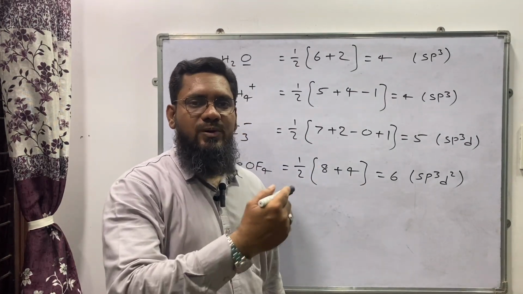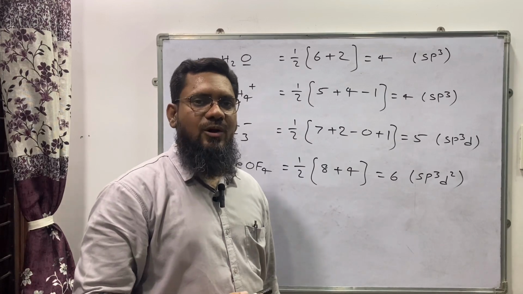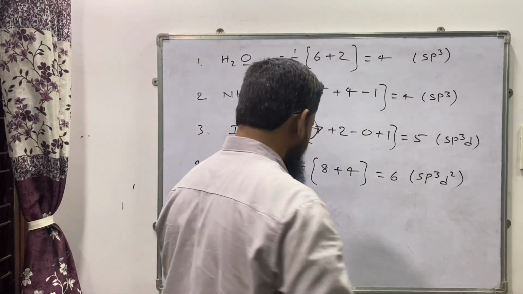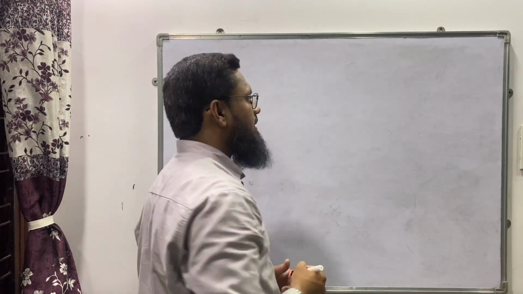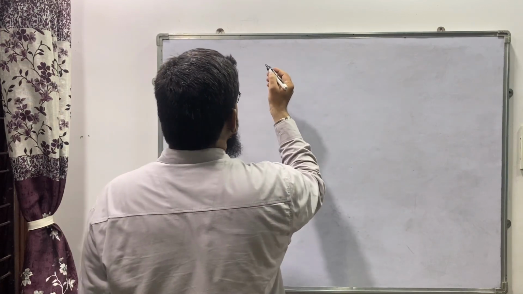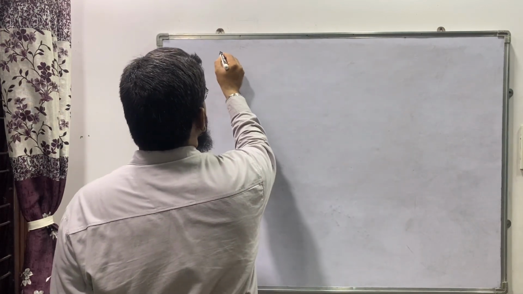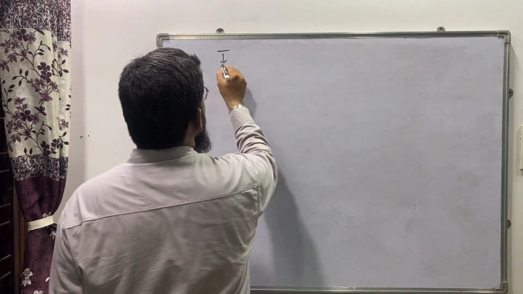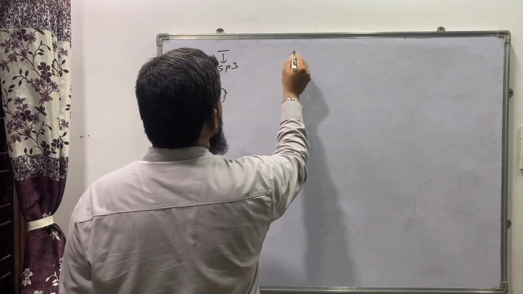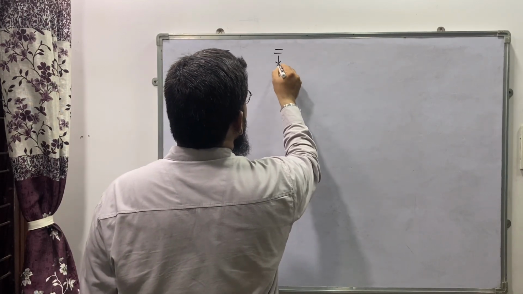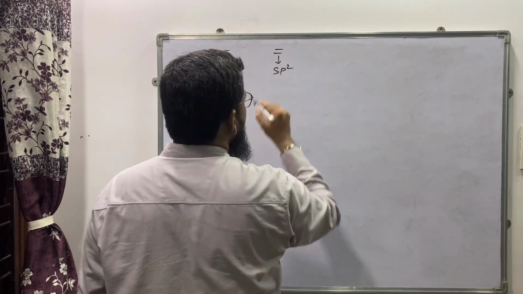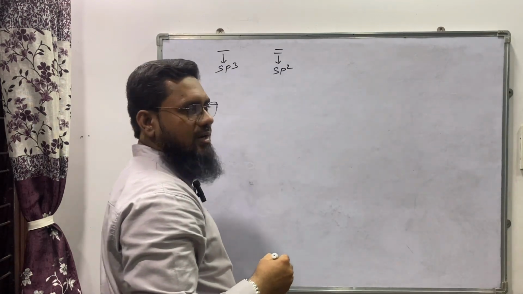Now let's see how to calculate the hybridization in case of organic molecules. To know this, you should have some idea regarding the bonds and hybridization. If you have the single bond, then we take the sp3 hybridization. If you have the double bond, then we take the sp2 hybridization for those double bonded carbons.